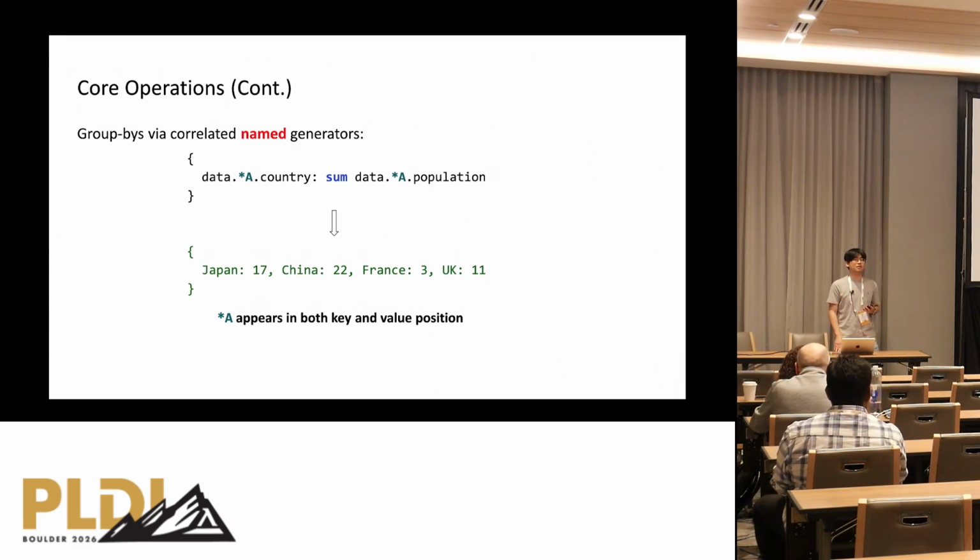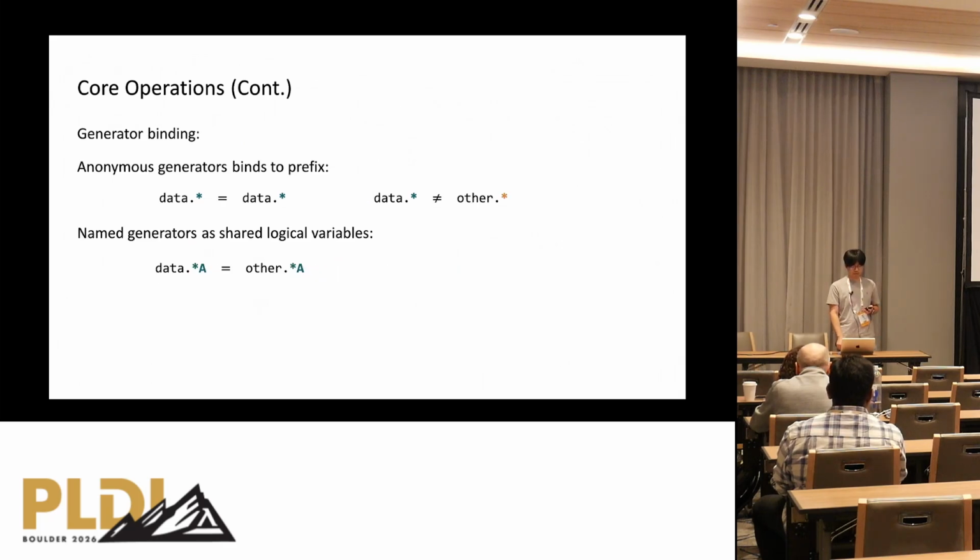And these named generators also give us something else. They also unlock controlled iterations. We can use the named generators to express more co-iterations. For example, when we have an anonymous generator, it is bound to the unique prefix. So if data.star appears twice or multiple times in the query, the semantic rule is that it will refer to the same iteration in the final generated code.